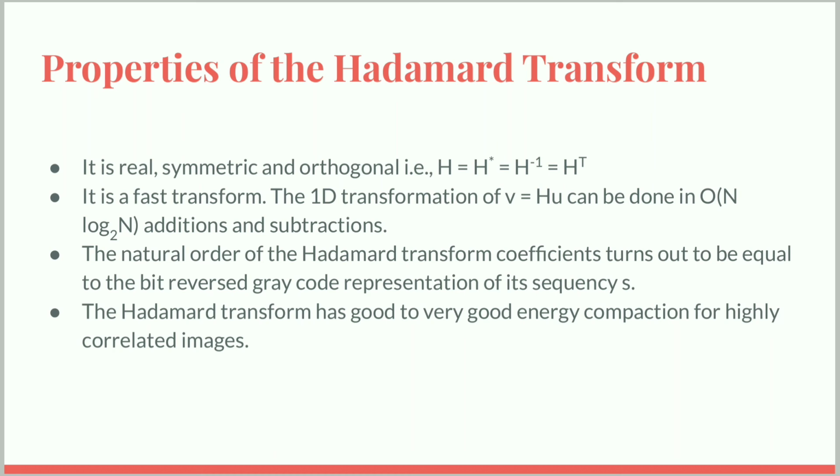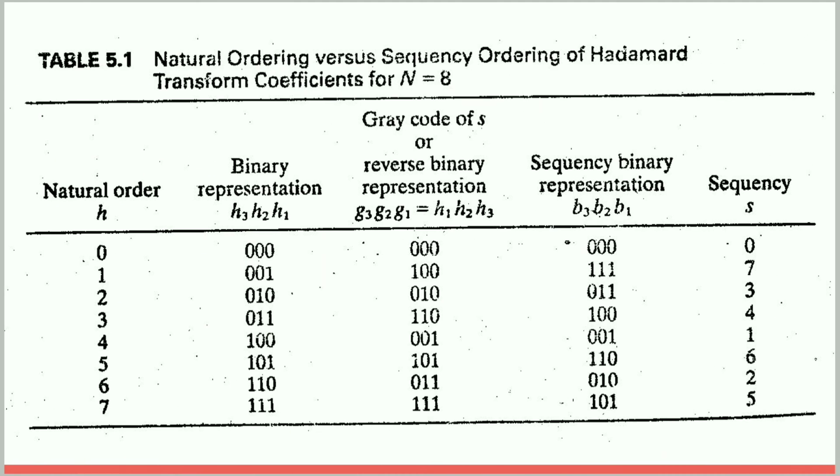The Hadamard transform has very good energy compaction for highly correlated images. Now, this is a table that shows the natural ordering against the sequency ordering of Hadamard transform coefficients for the value of n as 8. Suppose the natural order H is represented as value 0 to 7. Its binary representation is given as a 3-bit binary value.